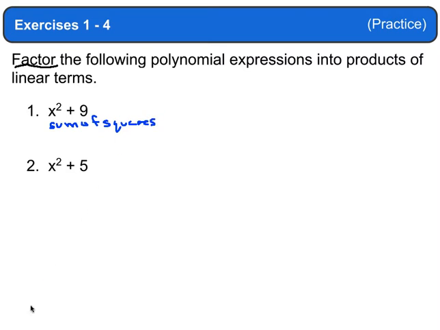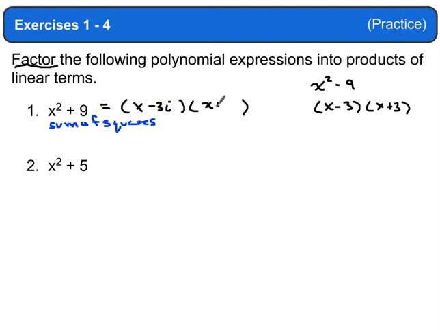Now, if this was a difference of squares, let's just say we had x squared minus 9, and we factored this, we would open this up, we'd say an x minus 3, and we'd say an x plus 3. But this is a sum of squares, not a difference of squares. So the only difference is that now we'll put an x minus 3i and an x plus 3i.